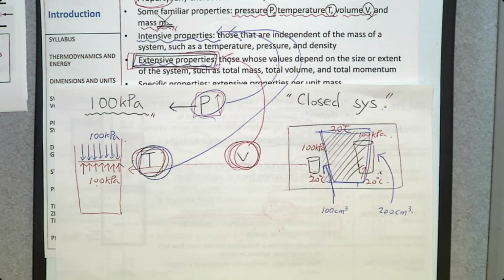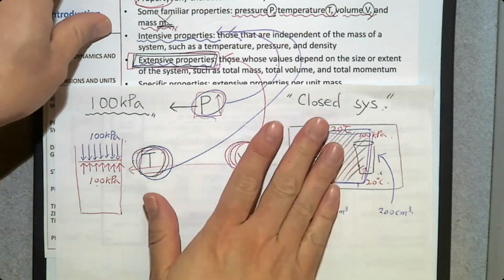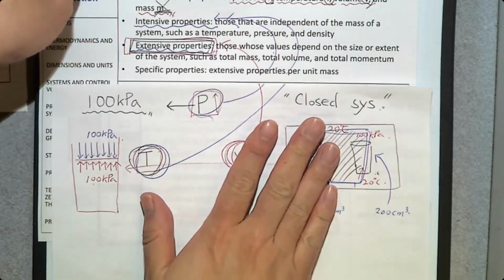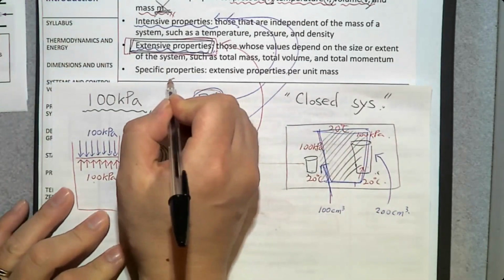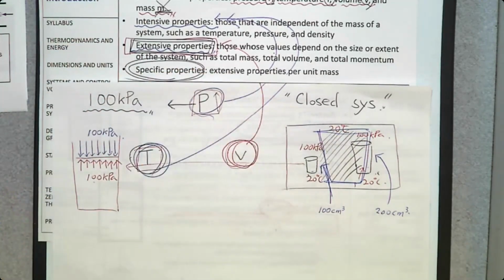You only want to use intensive properties. But still, we need to do something about the volume, because the volume is going to be important in thermodynamics.